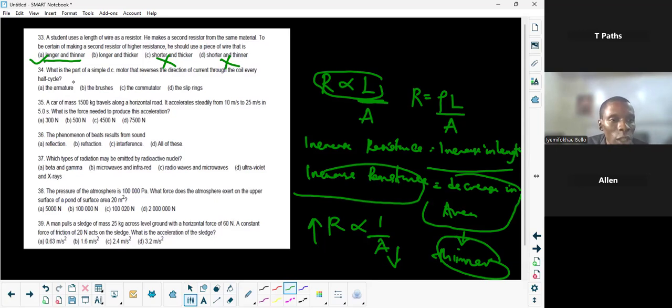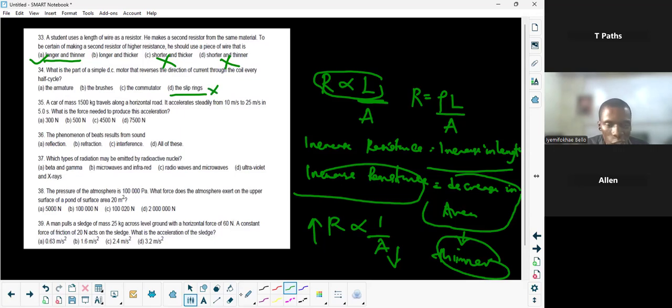Now, the second question, question 34, says, what is the part of a simple DC motor that reverses the direction of current through the coil every half cycle? Now, we have armature, we have the brushes, we have the commutator, and we have the slip ring.